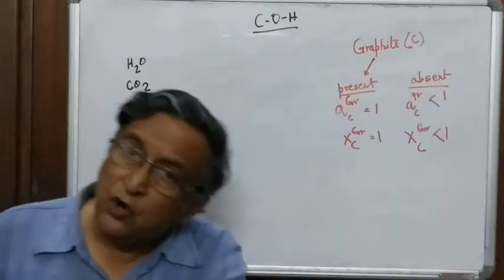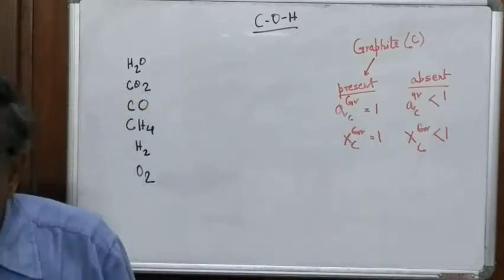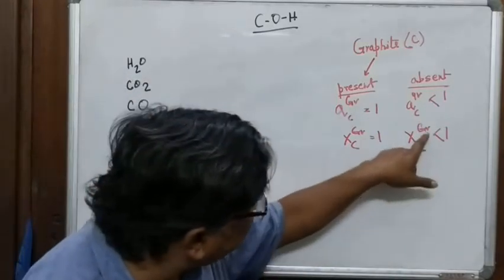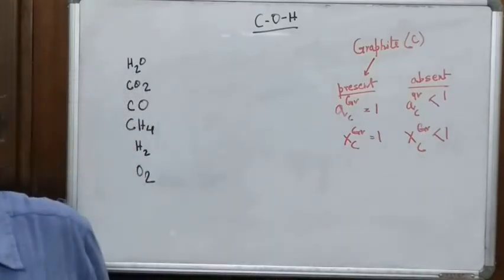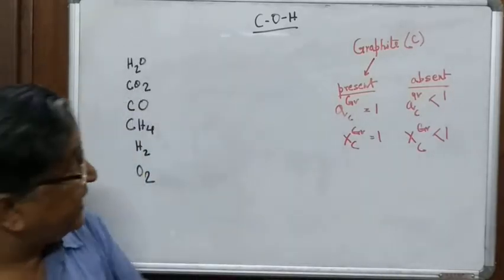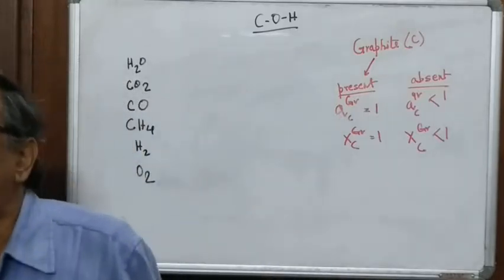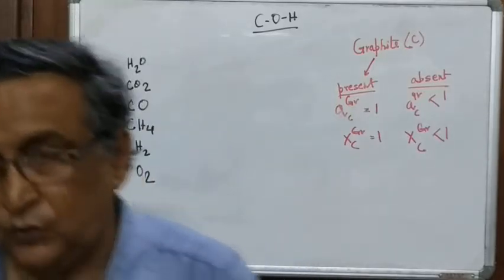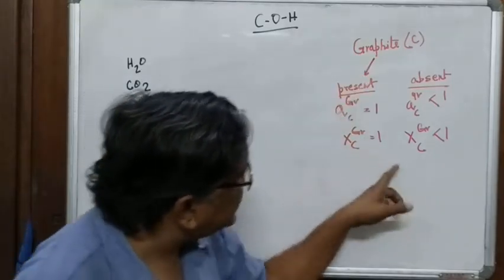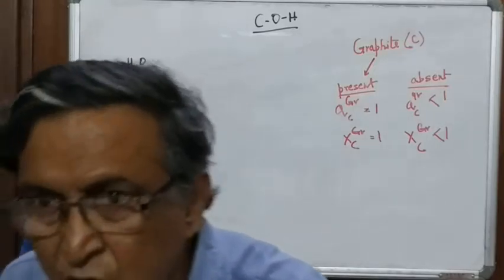If you have no graphite in the rock, then graphite is absent. That means activity of carbon in graphite or Xc in graphite has to be determined. It's unknown if it's absent. If graphite is absent, it means the mole fraction of carbon in graphite is not known. But if you take graphite is present and the activity of carbon in graphite is equal to 1, it's known.